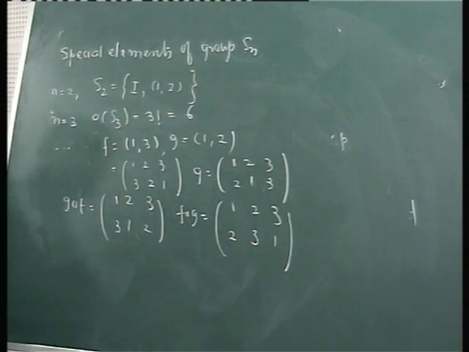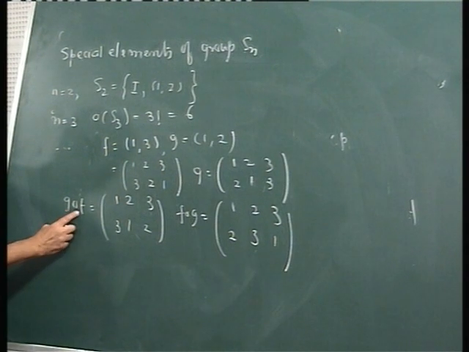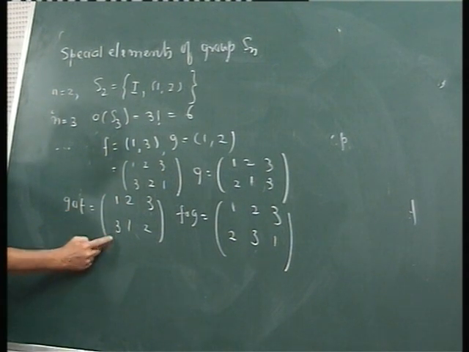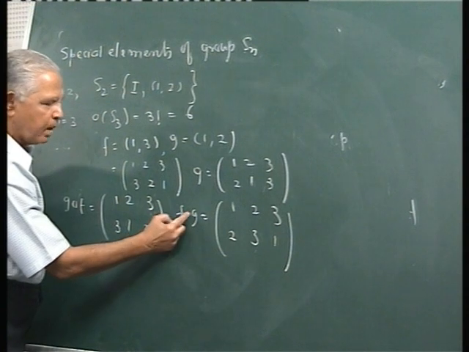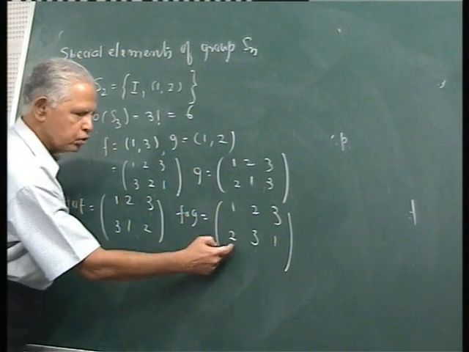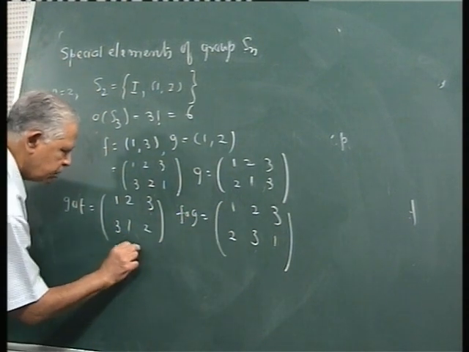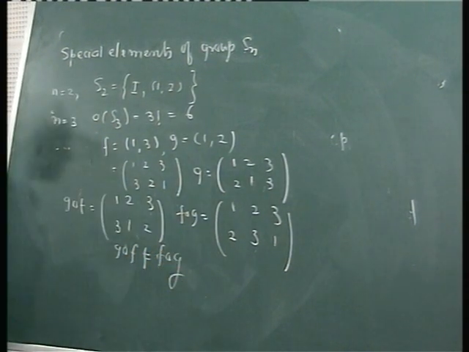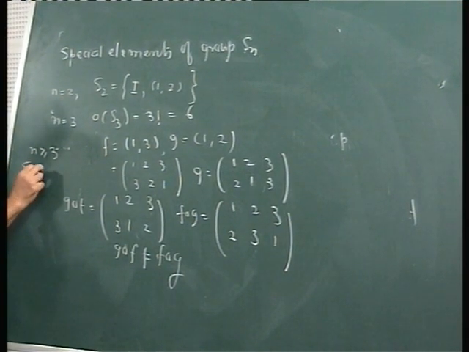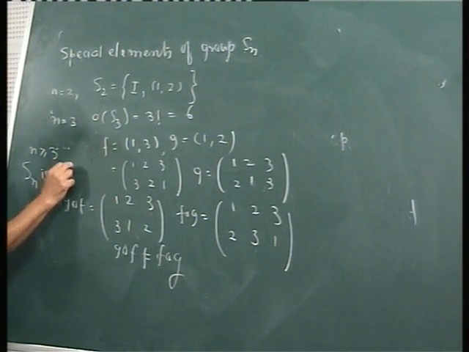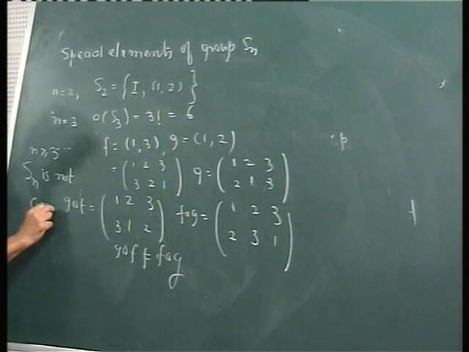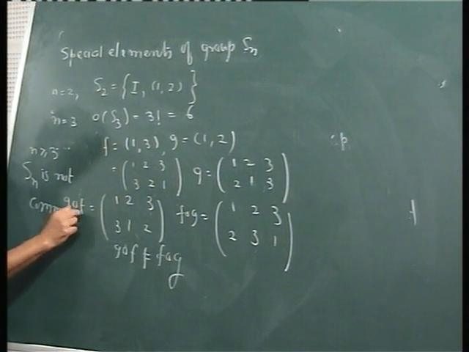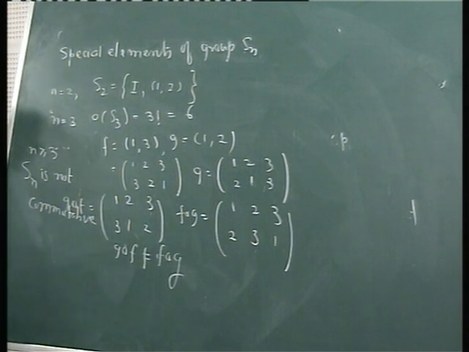And what we can say is that under G composition F, 1 goes to 3, while under F composition G, 1 goes to 2, and that implies G composition F is not equal to F composition G. That means for n greater than or equal to 3, the group Sn is not commutative.